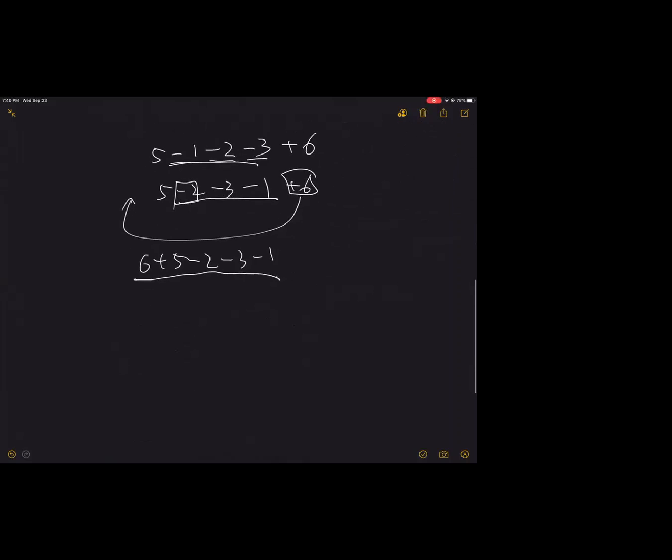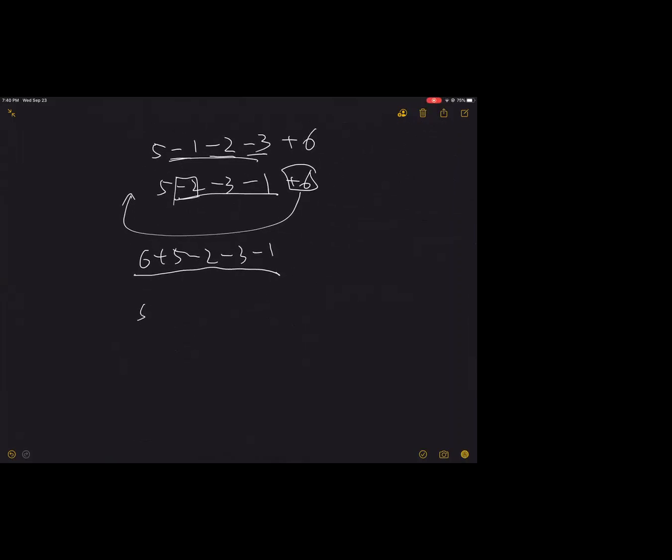If we view subtraction as, say, 5 minus 1, we can also look at it as 5 plus -1. In this case, we can shift them around. This is also equal to -1 plus 5. You can try: 5 minus 1 is 4, 5 plus -1 is also 4, -1 plus 5 is also 4.